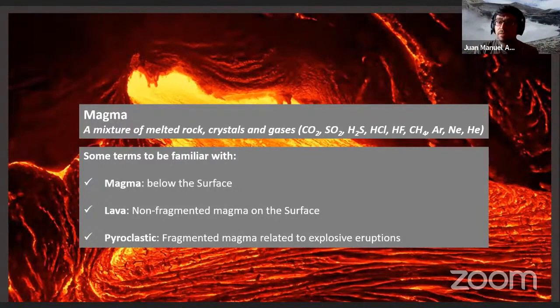When it is on the surface, you can call it lava, and I think we can all imagine what lava is. Pyroclastic rocks are another type of volcanic product, related to rapid cooling and explosive eruption.